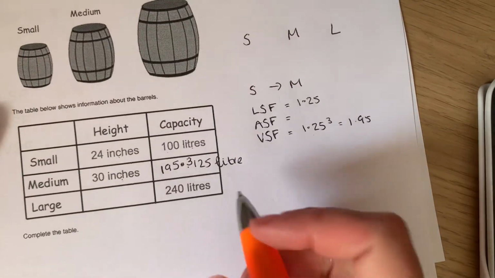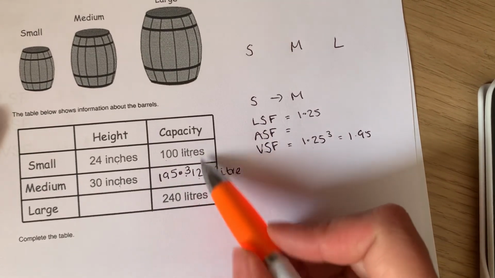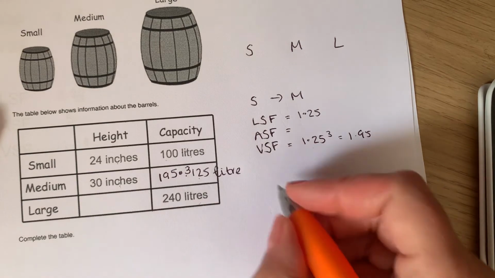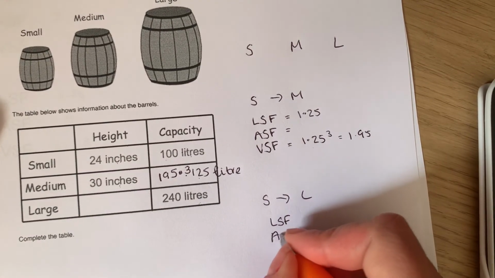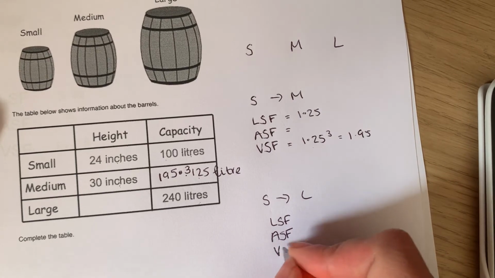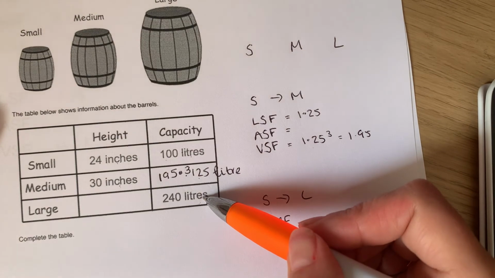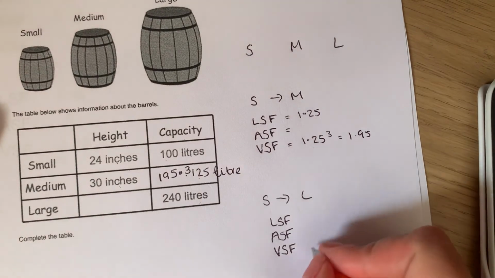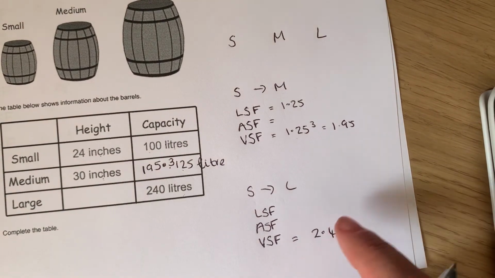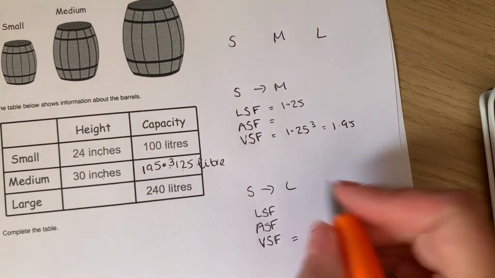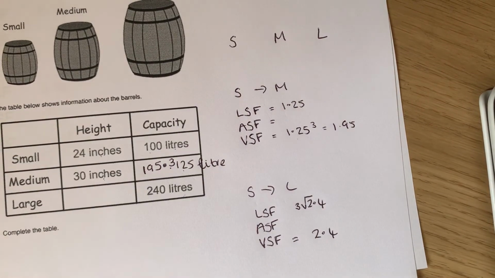Right, and then this last one, I don't really like those numbers, so I'm going to go from this one, so the small to the large. Now, I've gone from 100 to 240, so I can see that that's been multiplied by 2.4. Okay, so I'm going to have to cube root that to work out the length scale factor.